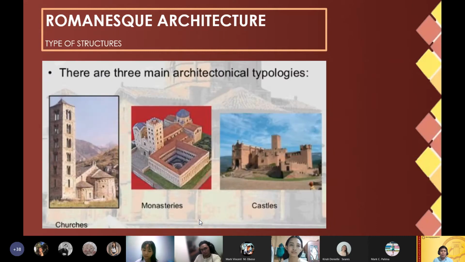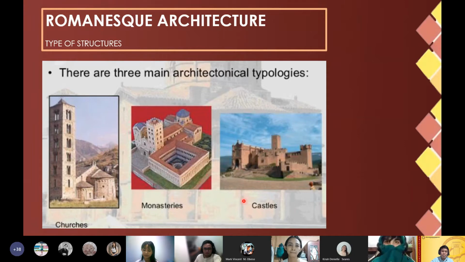So here, what are the structures or unsay naa? So again, we all know sa other type of architecture, they have this church, they have these monasteries, di ba? In early Christian, they have church and baptisteries, di ba? Here, tulo na. Church, monastery, and castles.